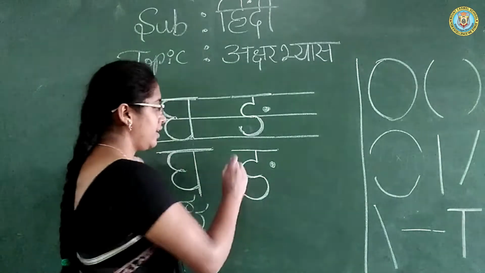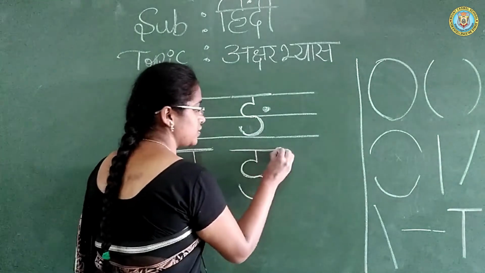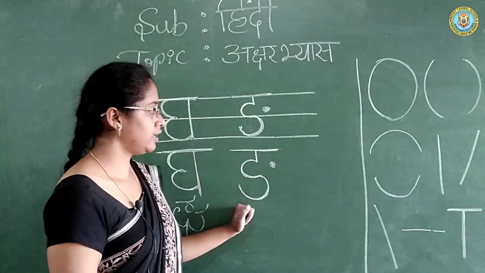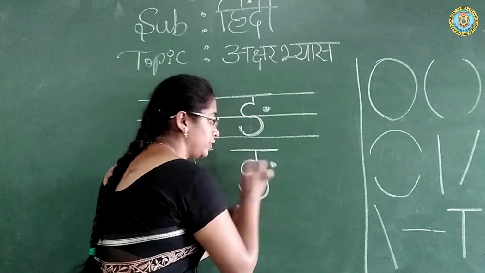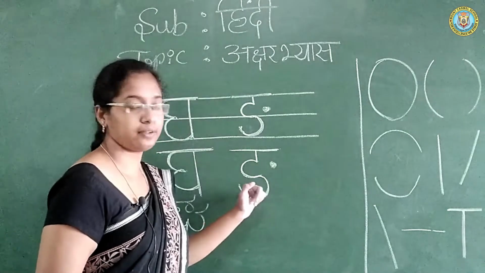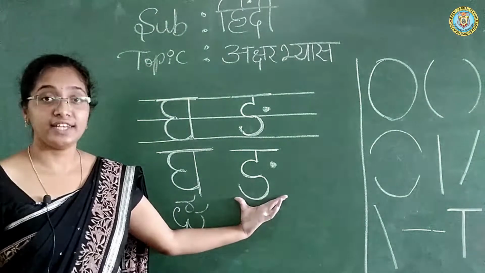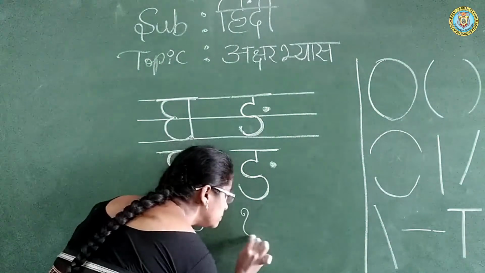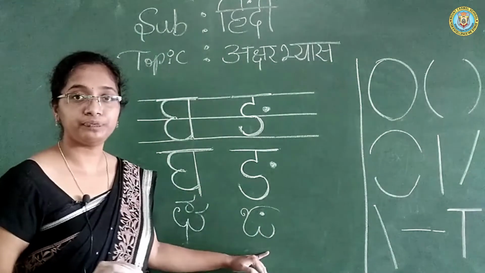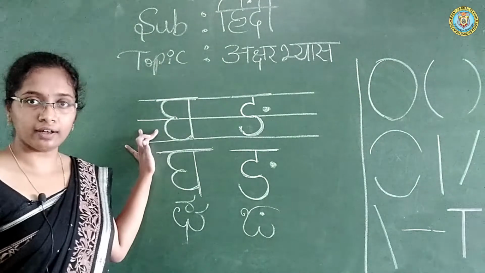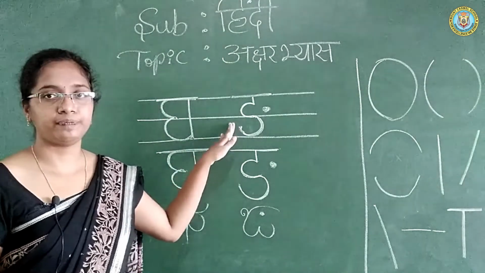After this, the sleeping stroke, and after this put one dot beside this letter. Then this becomes nya in Kannada. Nya. Okay, gha, nya.